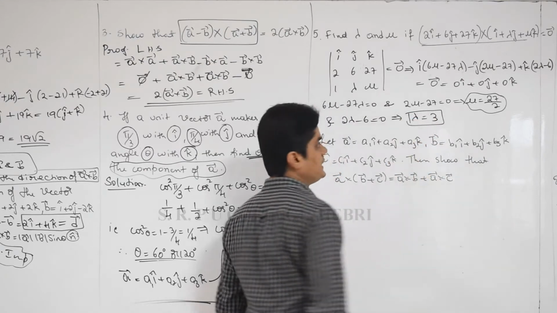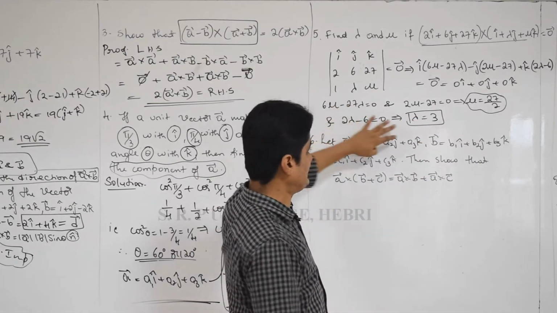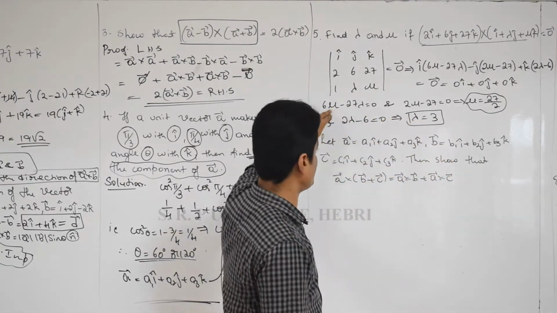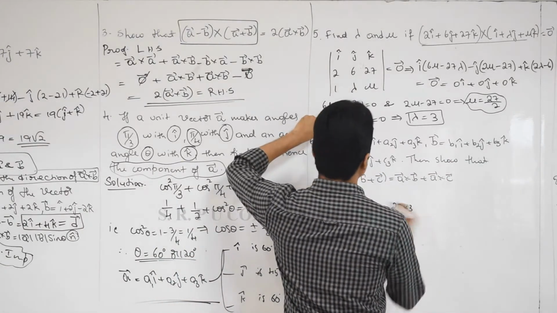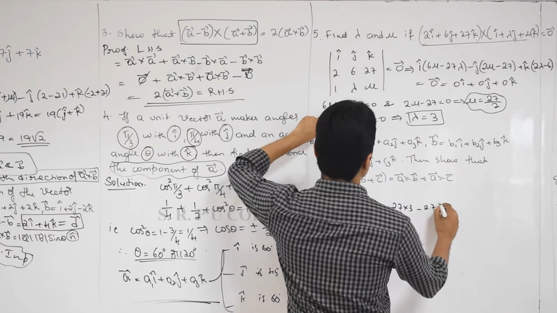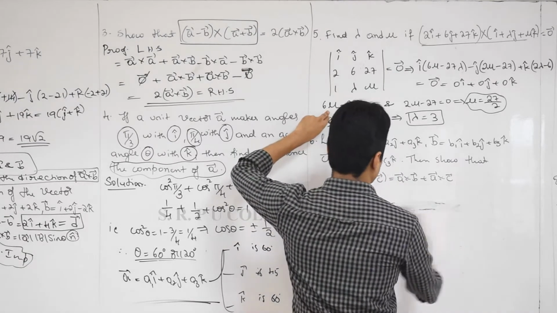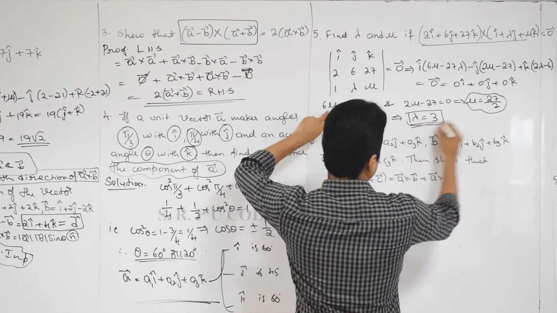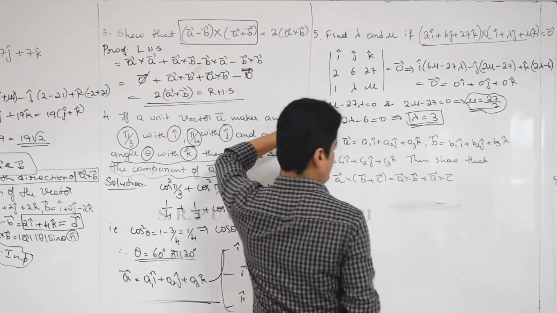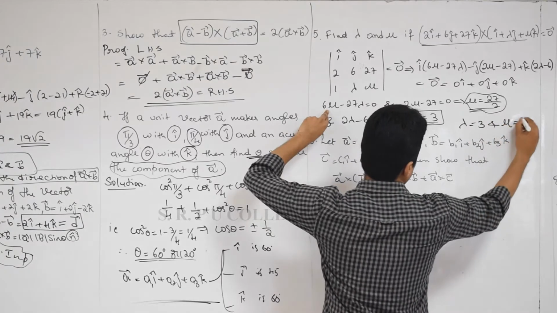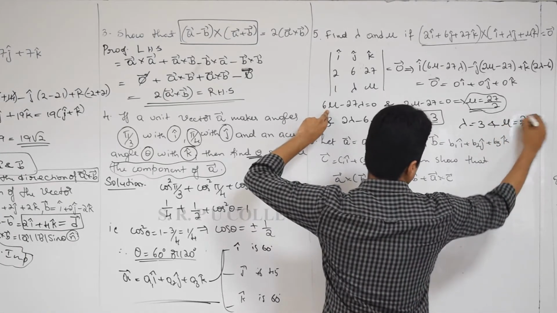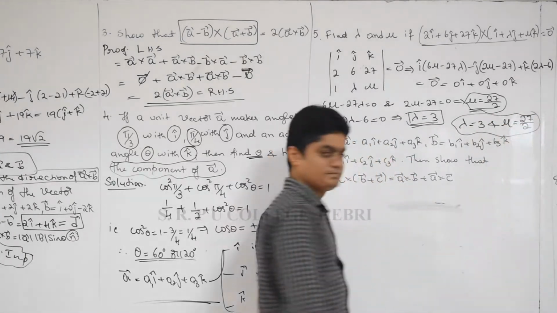We got another value. To confirm whether these two answers are possible, substitute here: 6 into 27/2, which is 81, minus 27 into 3, which is 81. Perfectly matches. So these two values definitely satisfy this equation. The answers are lambda equal to 3 and mu equal to 27/2.